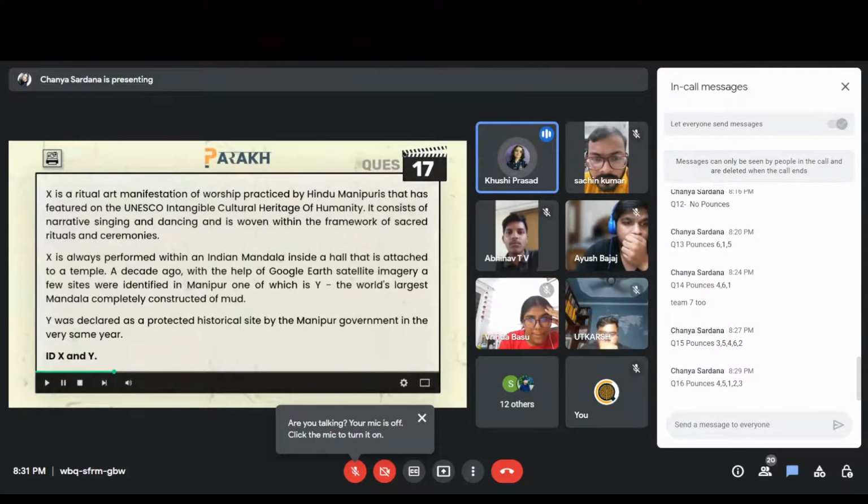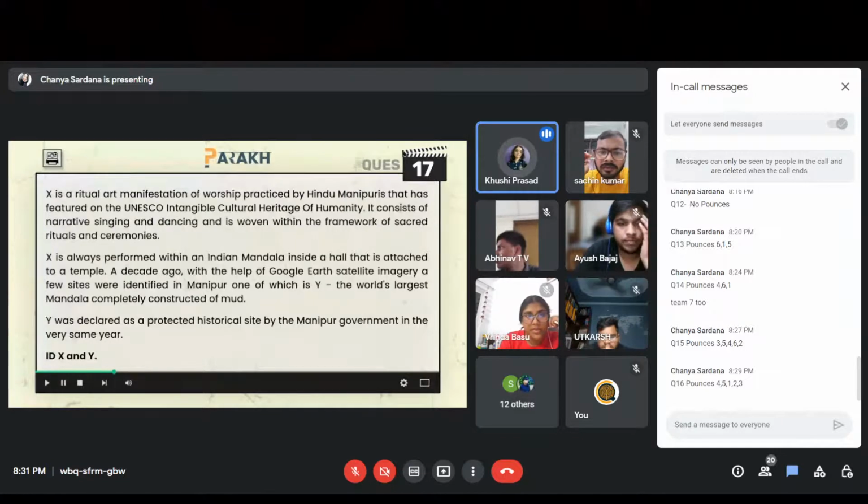A decade ago, Google Earth satellite imagery identified sites in Manipur, one of which is Y, the world's largest mandala completely constructed of mud. Y was declared a protected historical site by the Manipur government in the very same year. Identify X and Y. Direct for Team 6.